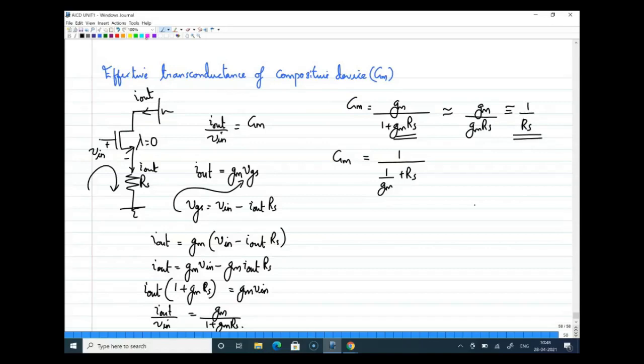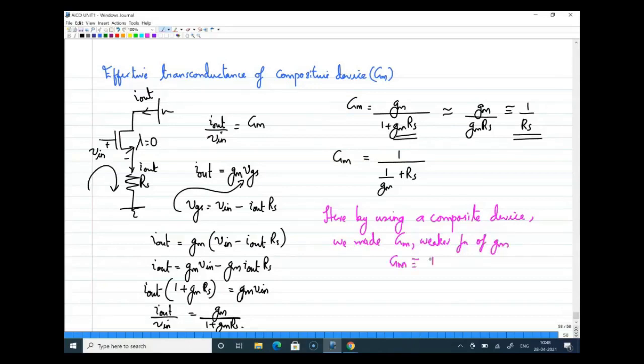So what we made here by using a composite device, when I say composite device, it is a resistance added to the source of a common source device, we made capital Gm a weaker function of small gm, or you can see that here capital Gm is equal to 1 by RS, which is almost independent of small gm.